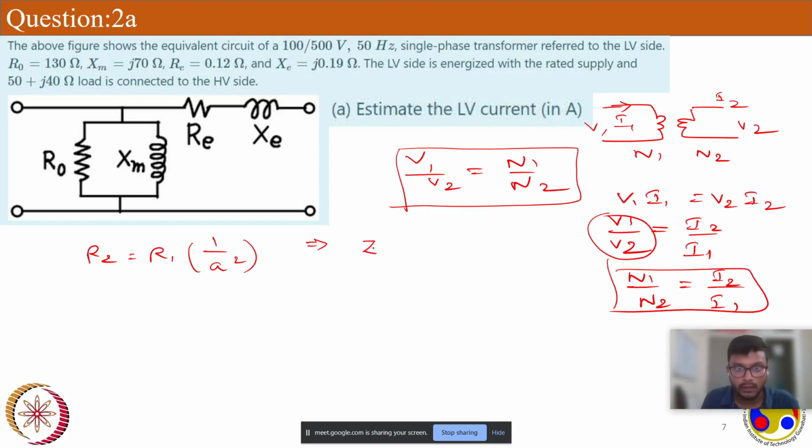Now ZL referred to primary, that is here R1, that is nothing but ZL actual, that is load impedance on the secondary side, multiplied by A square. This is the equation we got. Now what is the impedance referred to primary? ZL is 50 plus J40 multiplied by A. What is the value of A? That is 0.2 square.